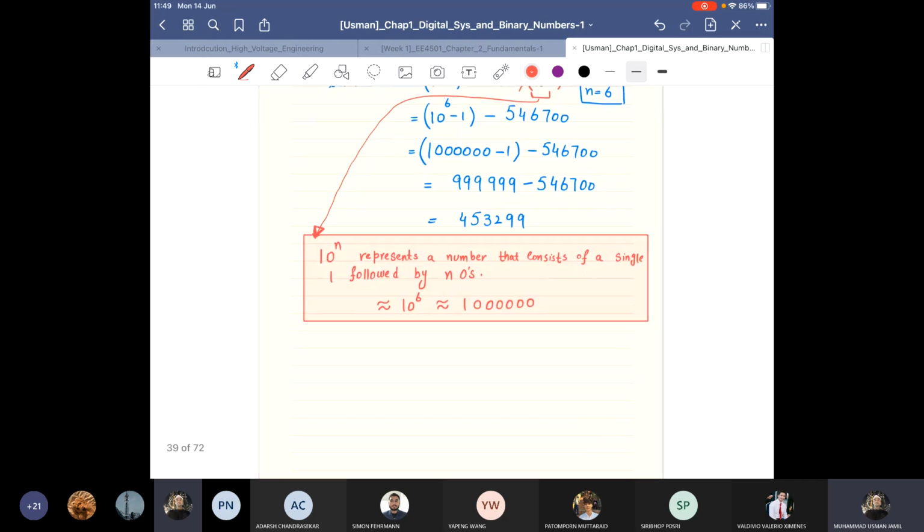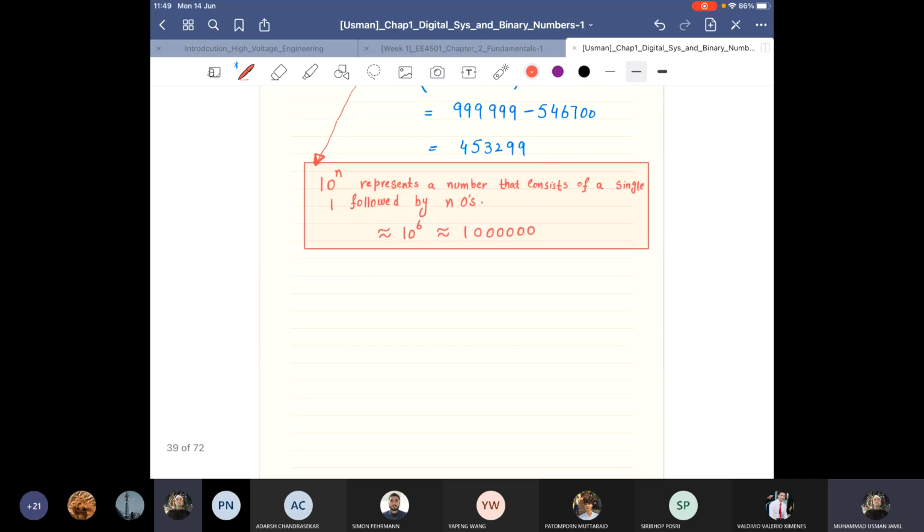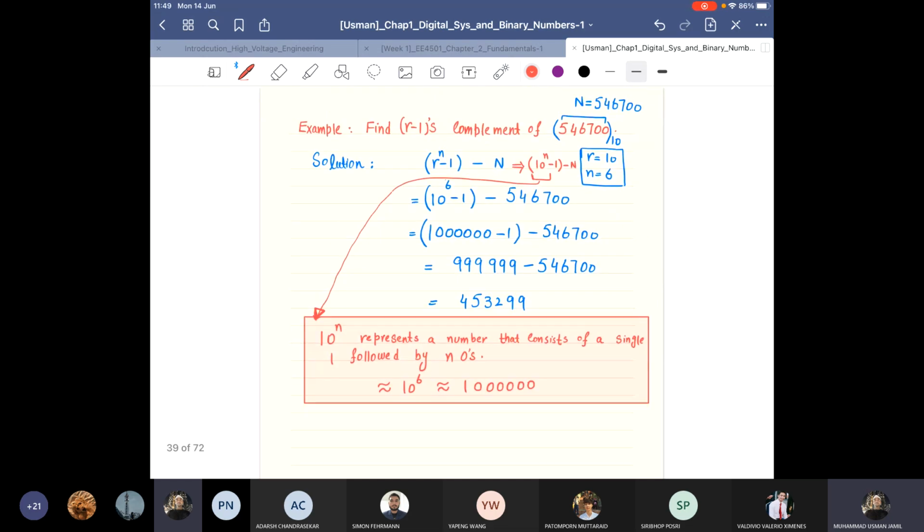Now take one more example, then we can do the ones complement. Now R is 10, so 10 minus 1 means this answer is called nines complement.